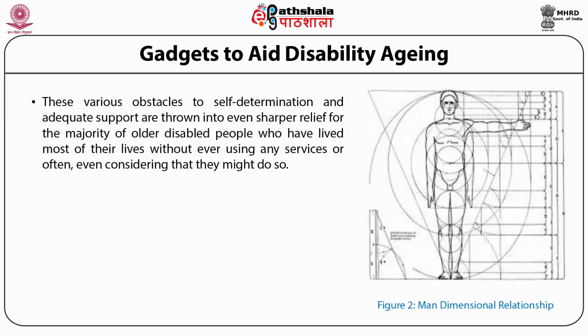There are various obstacles to self-determination and adequate support which are thrown into even sharper relief for the majority of older disabled people who have lived most of their lives without ever using any services or often even considering that they might do so.